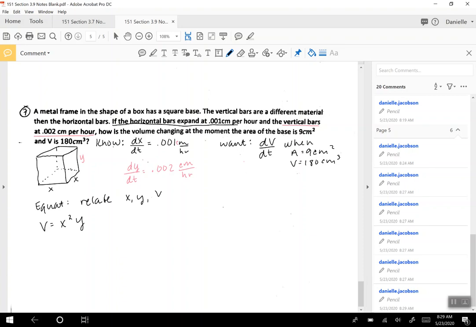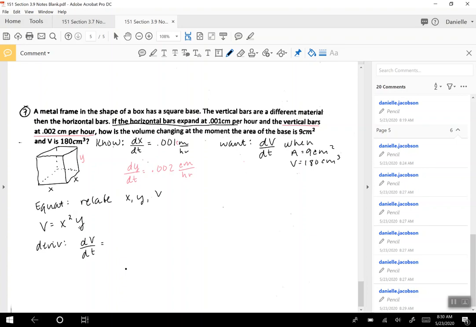Now that we have that equation, we need to go ahead and take our derivative. So taking our derivative, we'll do that with respect to t, since our rates are all with respect to t in this example. So the derivative of the left, the volume, is dV/dt, equals, we have a product, x squared times y, so we need to use the product rule on the derivative of the right.